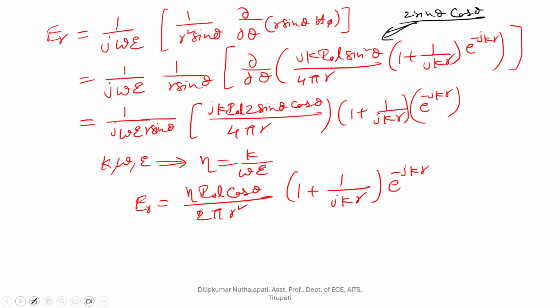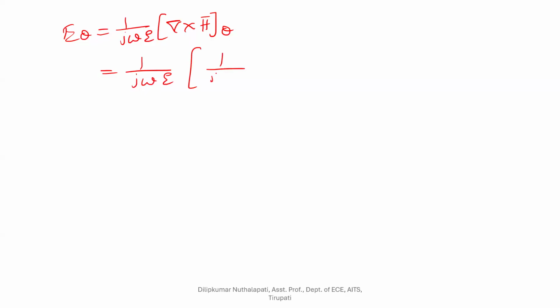Let us proceed for theta component of electric field intensity. So E theta is equal to 1 by j omega epsilon into del cross H bar only for the theta. So then we can write 1 by j omega epsilon into 1 by r square sine theta into minus r sine theta dou by dou r into r H phi. So this term we have been writing from the previous slides.